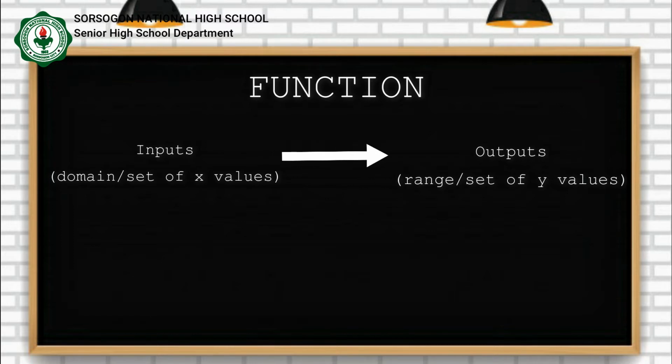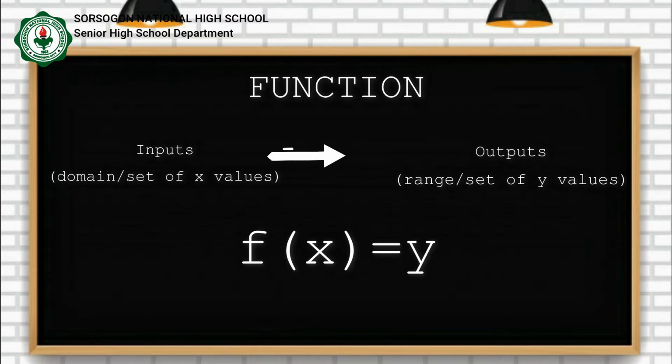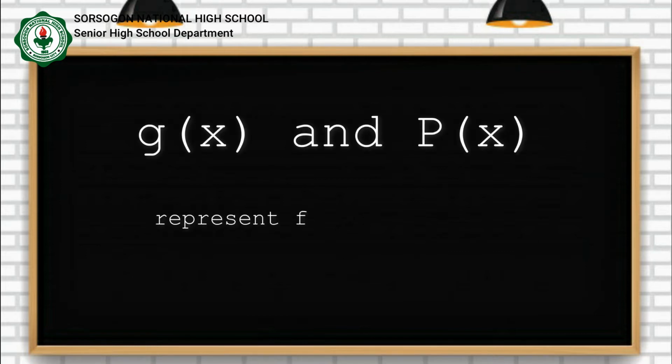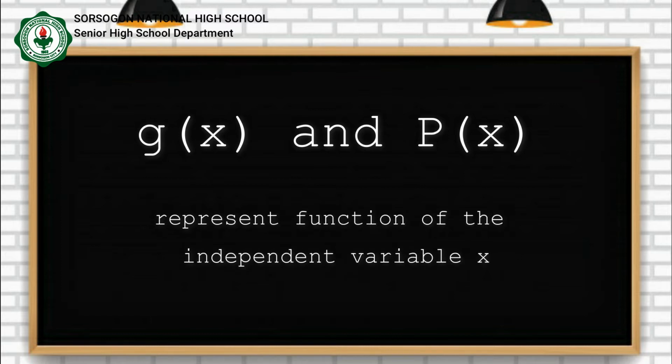This relationship is commonly symbolized by this functional notation, read as f of x is equal to y. In addition to f of x, other abbreviated symbols such as g of x and p of x are often used to represent functions of the independent variable x, especially when the nature of the function is unknown or unspecified.